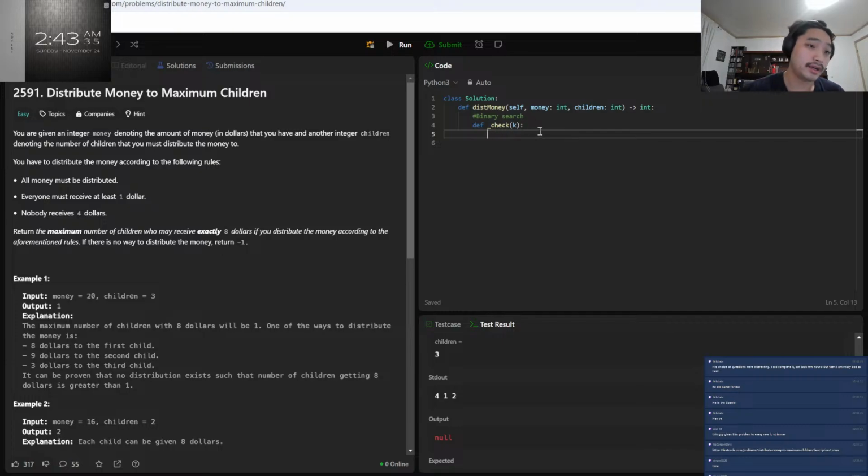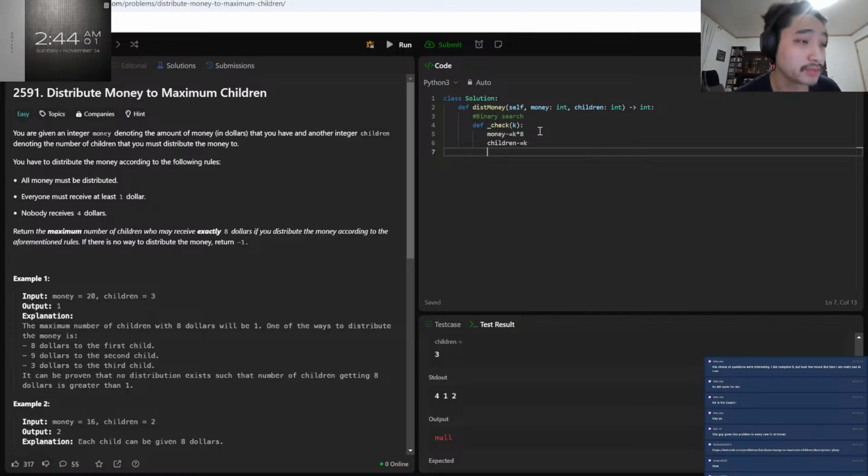Okay, but yeah, I will probably do something like this. Let me see. Check if k. So firstly, we have to do money minus equals k times 8, and children minus equals k. And now we have to check if it's still possible to divide it with the other children.